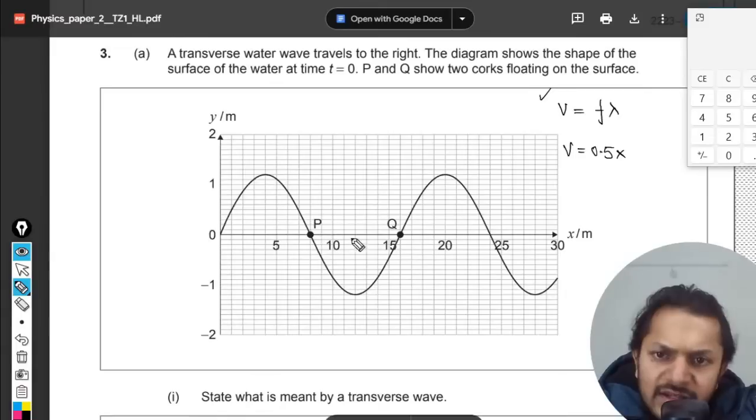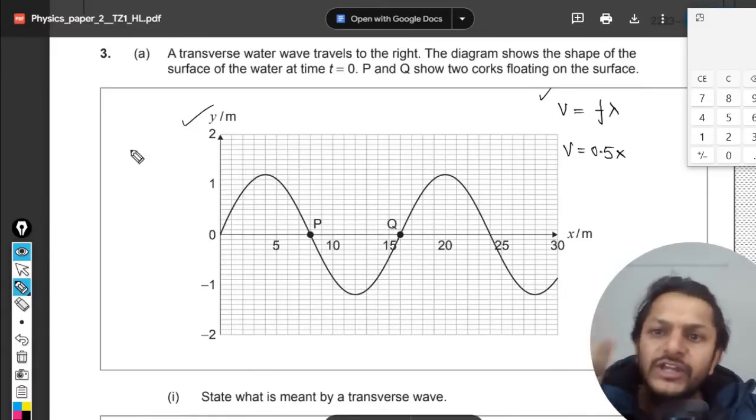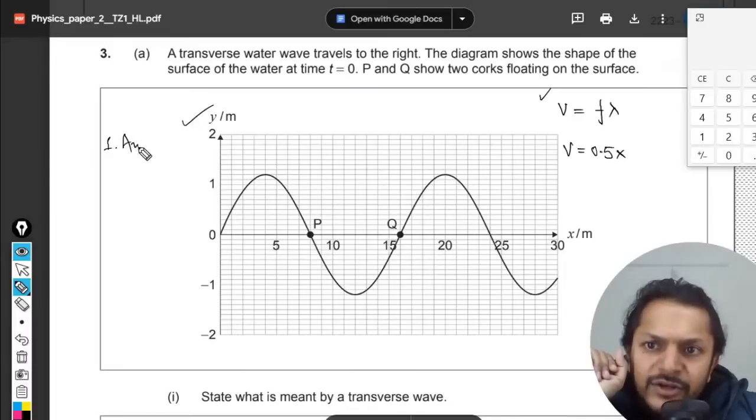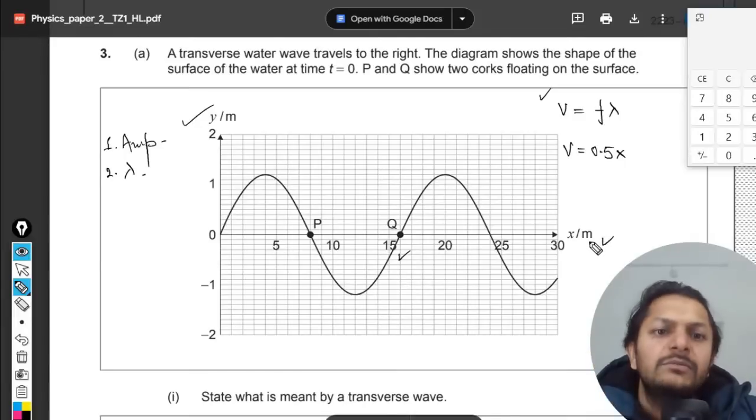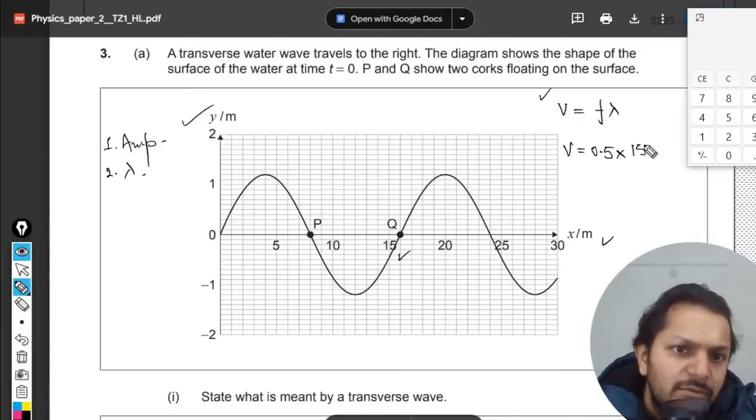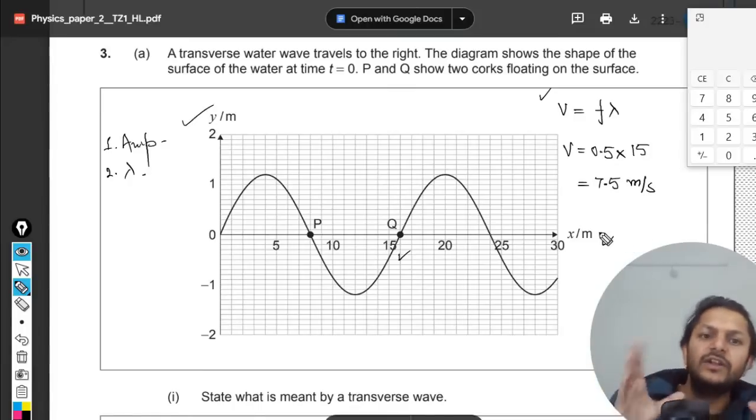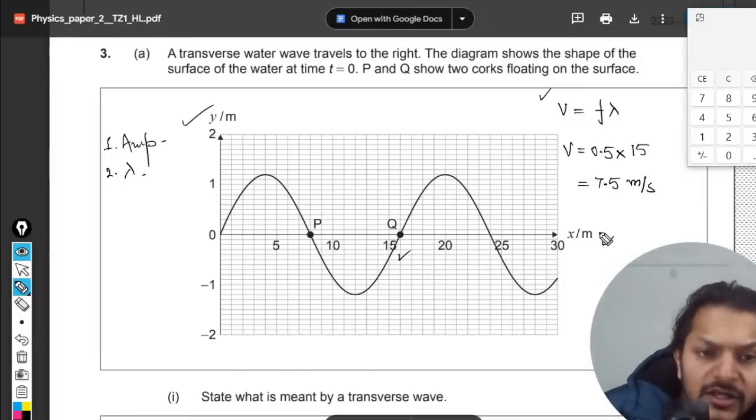And the wavelength, from this diagram we can find two things. Number one is the amplitude of the wave, and number two is the wavelength. So wavelength is coming out to be 15, and the unit is given as meter, so it will be 15 meters. Clearly 7.5 meter per second will be the velocity with which it is moving.